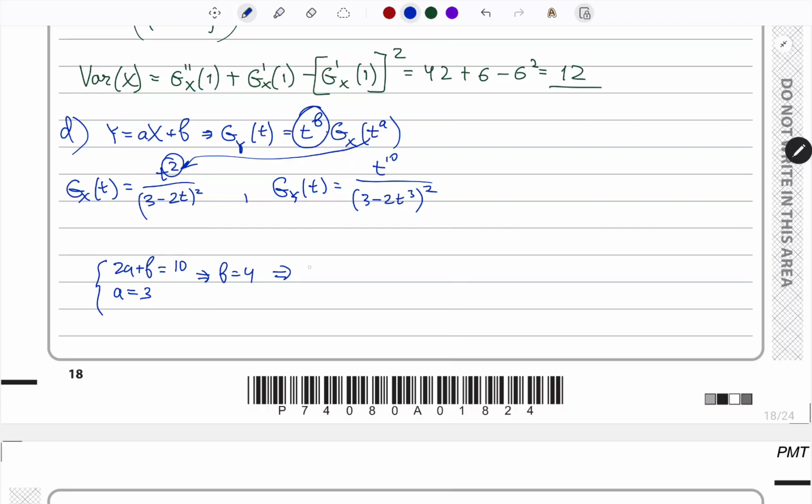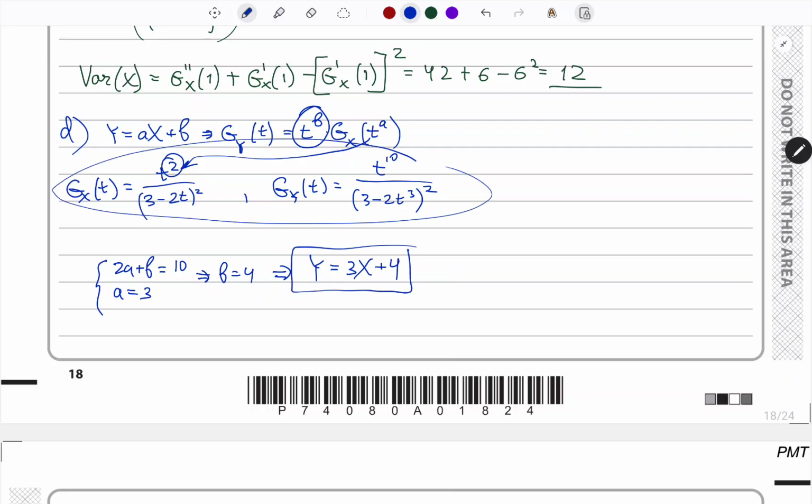So y is 3x plus 4. Just by having the property in front of your eyes, it's easy to deduce a is 3, b is 4.